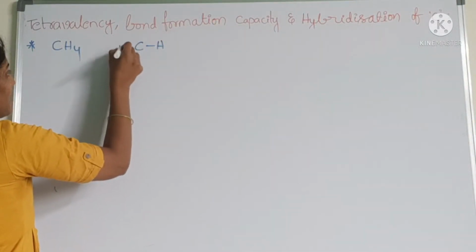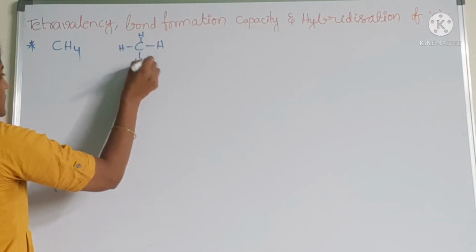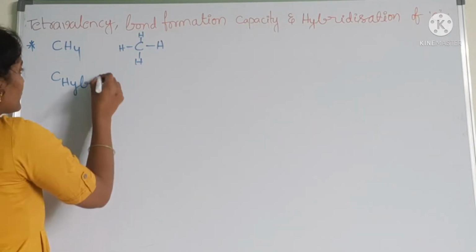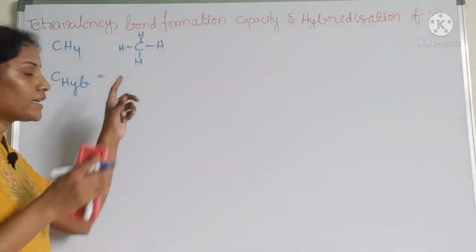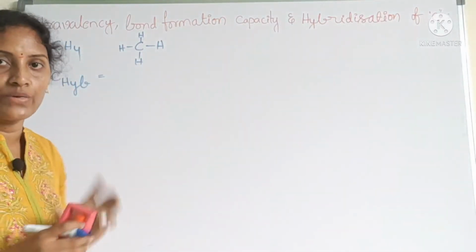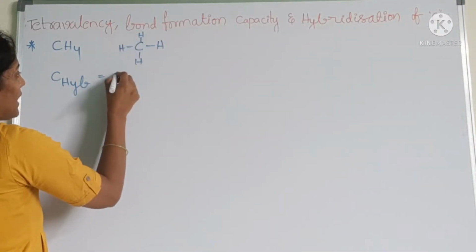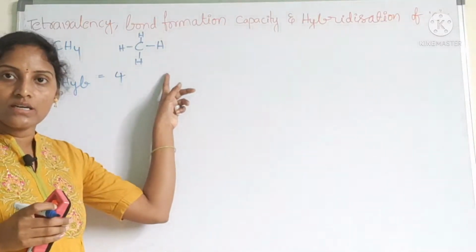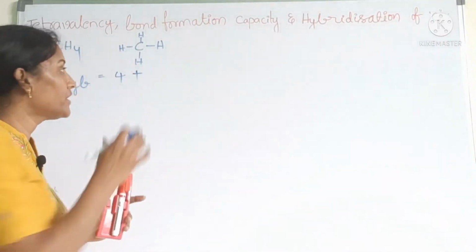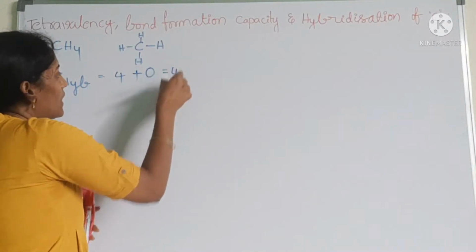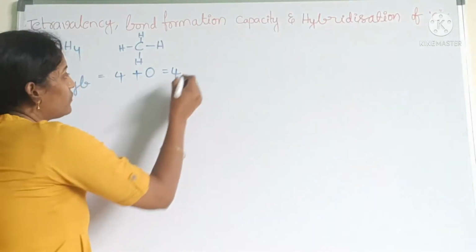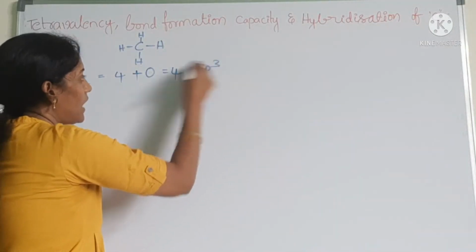See here, carbon attaches with 4 hydrogen atoms. The hybridization present in carbon is equal to the number of atoms attached to that central carbon atom and lone pairs present on that central atom. Here 4 atoms are attached to the central carbon atom. Here there is no lone pair, so the hybridization value for carbon is 4 we get. 4 means that is sp3 hybridization.